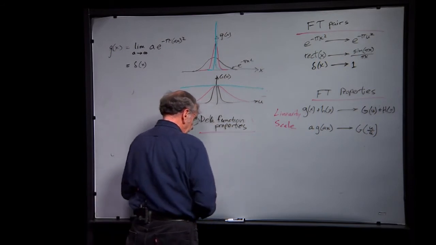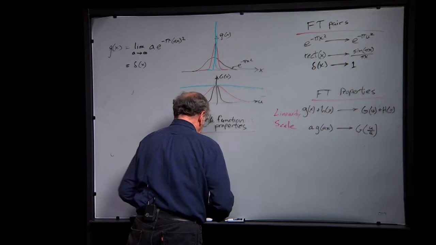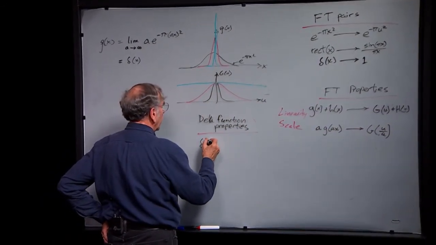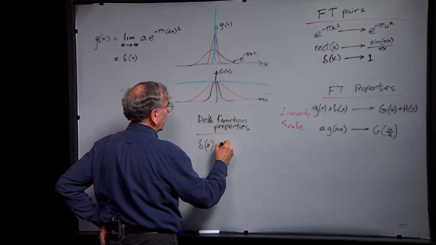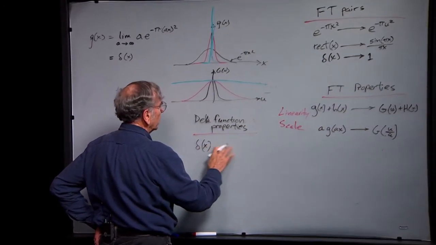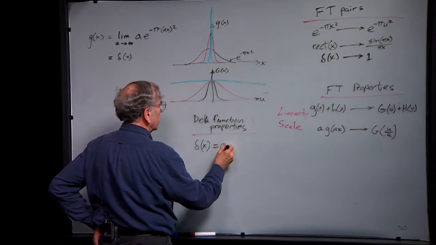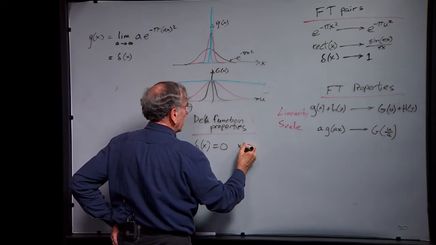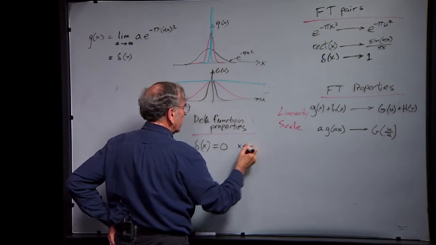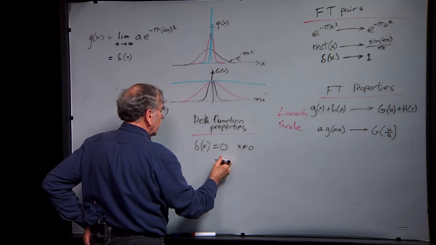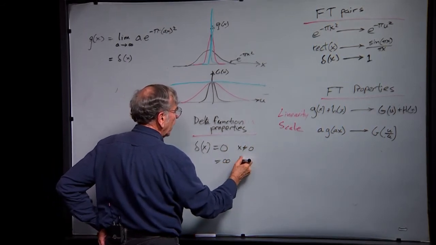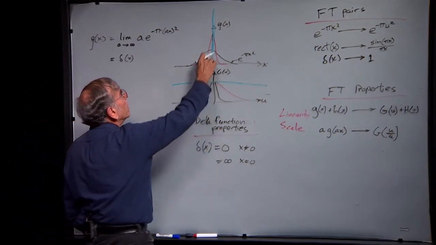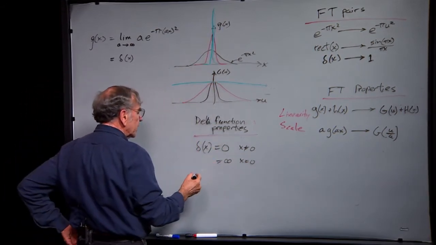Delta of x, where x is not equal to 0, is 0. So the delta function is 0 everywhere where its argument x is not equal to 0. Delta of x is infinite when x is equal to 0. And the area under the curve of the delta function is equal to 1.